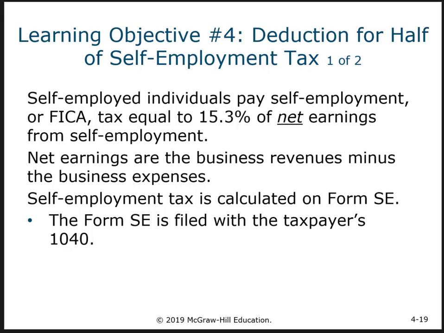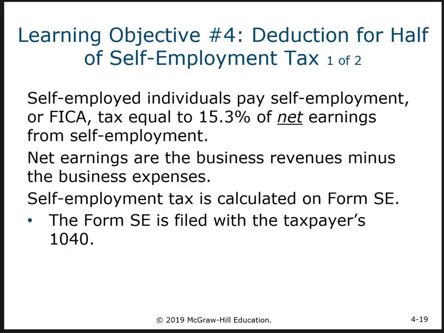First, you calculate net earnings from self-employment by taking business revenues minus business expenses, and then multiplying it by 0.9235. That's the same as deducting the half part of the self-employment tax that your employer pays for a regular employee.